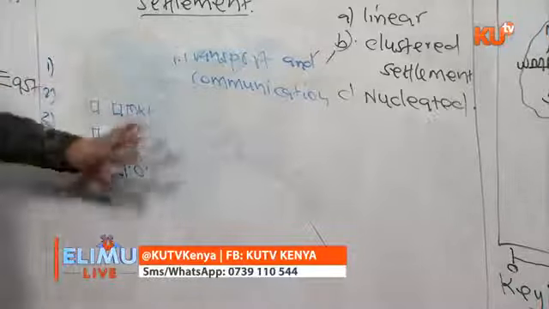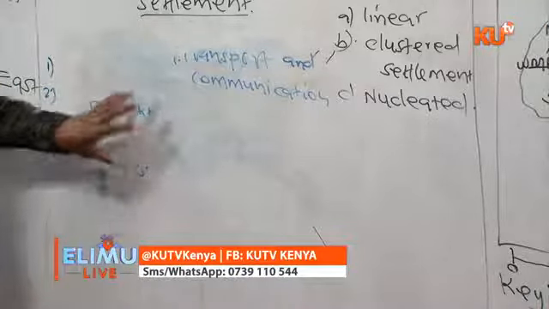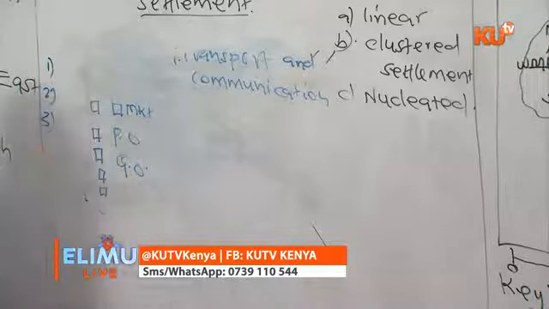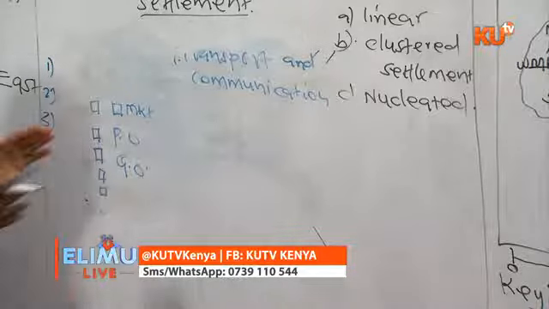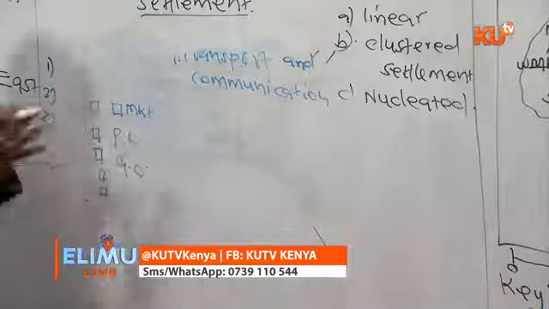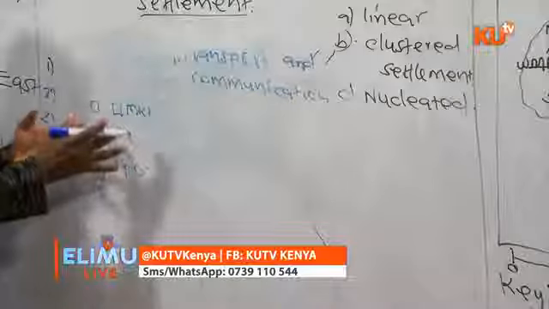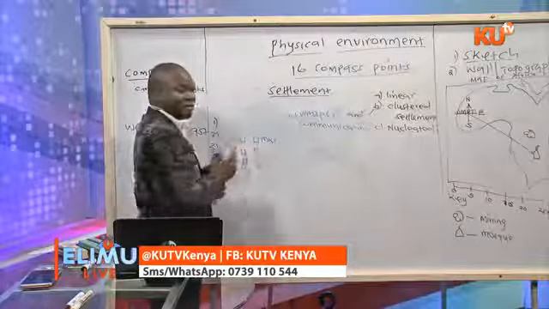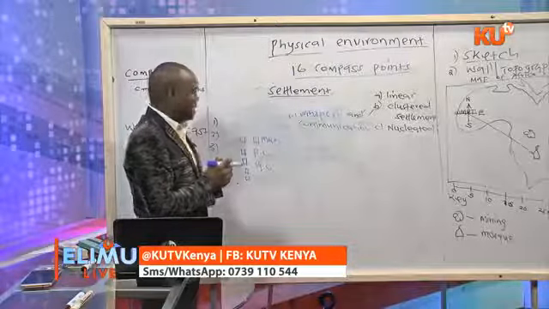So when you find the people living around this area, what are the main factors that have attracted these people? One of the reasons can be social amenities. There are so many social amenities around this place. That is why you find people around this particular place.